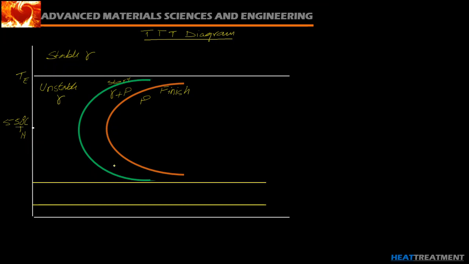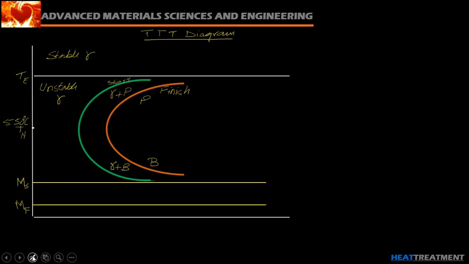Again, here we have the austenite plus bainite, and here after passing this finish curve we have the bainite as discussed earlier. If we consider the transformation of martensite, this is the start temperature of martensite, and this is the finish of martensite.